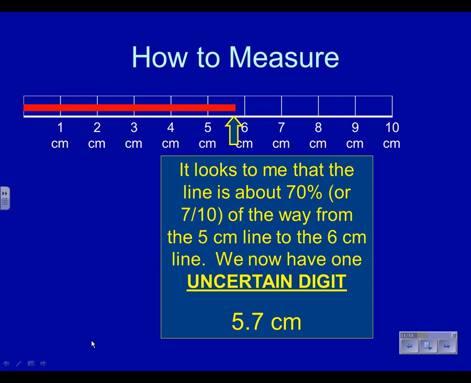Why? Because like I told you before, there's no such thing as an exact measurement. There's always some degree of uncertainty. This last digit, the uncertain digit, we understand to be a guess. My guess is 7. Your guess is 8. That's fine. When we look at things on a test, if I ask you to write down the length of this line, if you write down 5.8, you're not wrong.